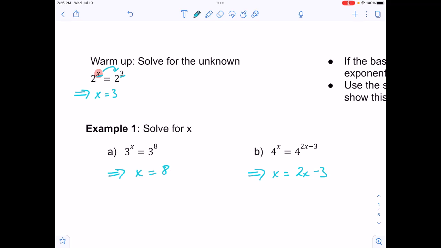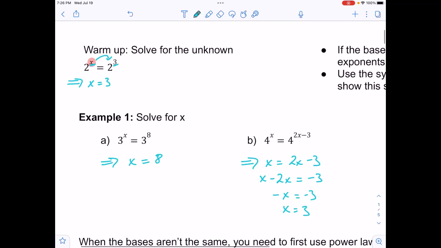So I'm going to bring my 2x to the other side and subtract it. I'll combine my like terms here. Negative x is negative 3, so x is equal to 3. The only time I need to write the implies that step is when I get rid of the base of my exponent. You don't need to write it every single time.